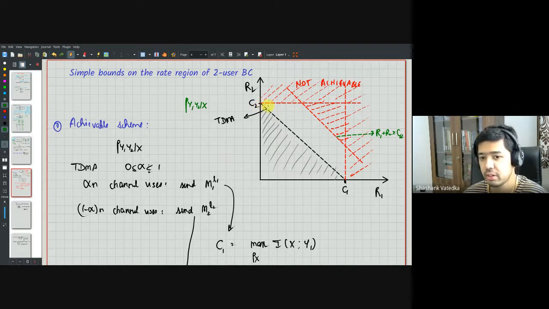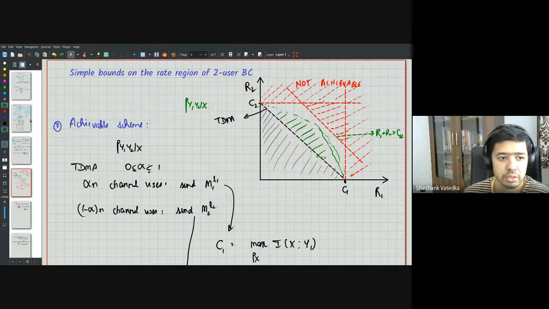Right? So in general, the actual achievable rate region will look something like this. It will possibly be some curved region, or it could be some other pentagon, depending on what the exact channel is. In general, this region will be achievable, but we'll need more powerful techniques to show that this particular rate pair is achievable, whereas anything outside is not achievable.